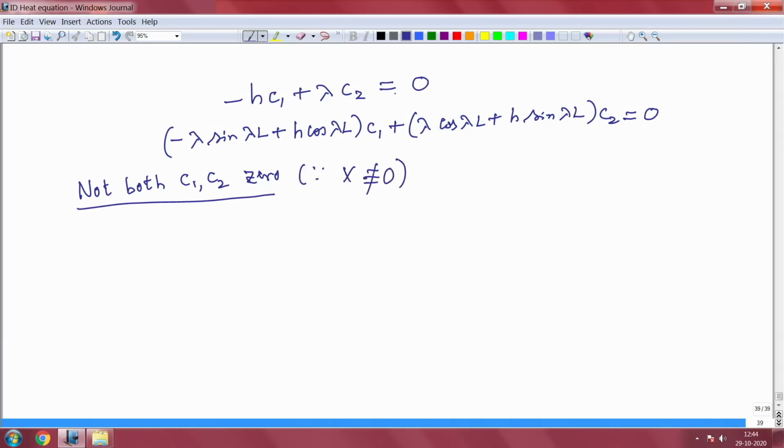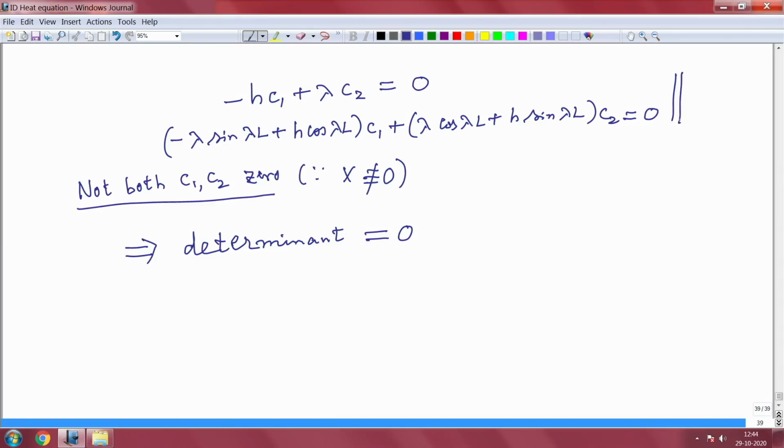And now, we have a system of two linear equations for C1 and C2. These are homogeneous equations, but we want C1, C2 to be a non-zero solution. So, that implies the determinant of the coefficient matrix must be 0.